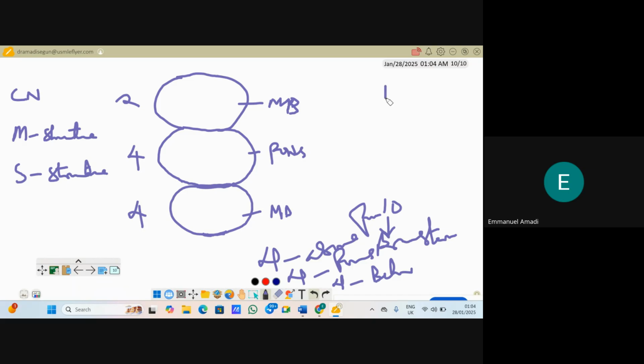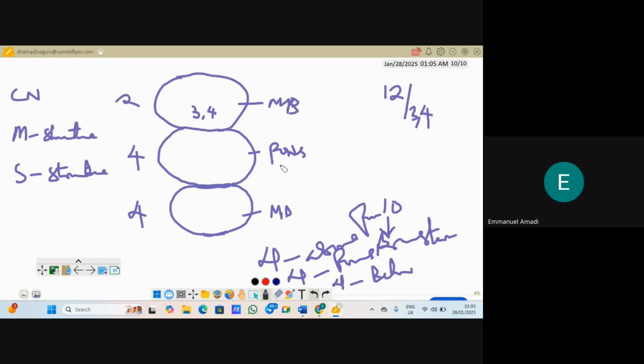So if you look at 12, 3 can divide 12, 4 can divide 12. So in the midbrain, you have two cranial nerves, 3 and 4, and both are in the midline.